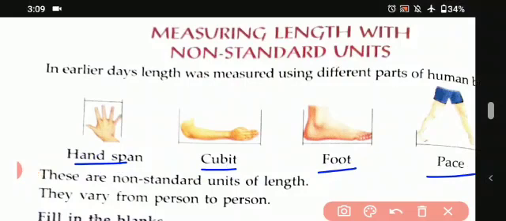They are non-standard because every human body has a different shape and size, so they are not equal, but we can roughly measure things. I think we will understand better with the exercises how we have been measuring length.